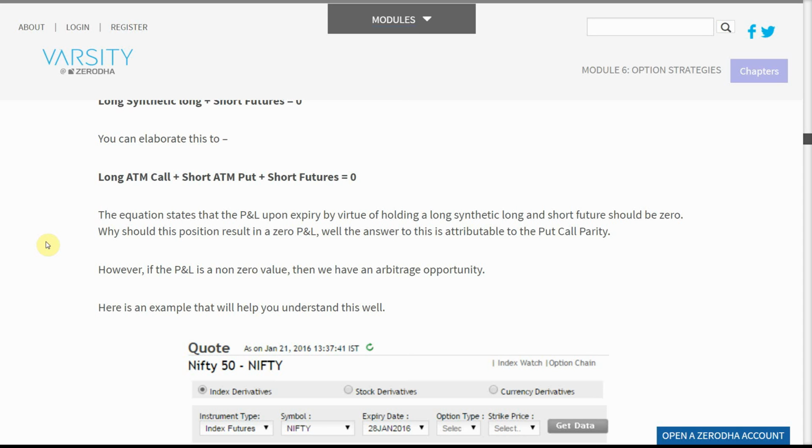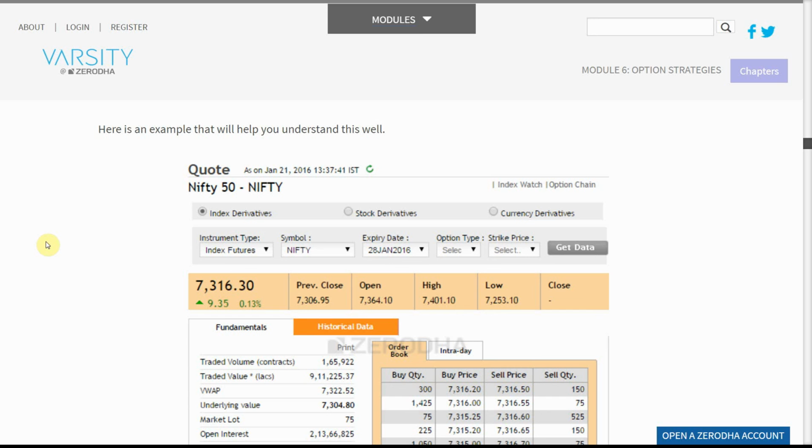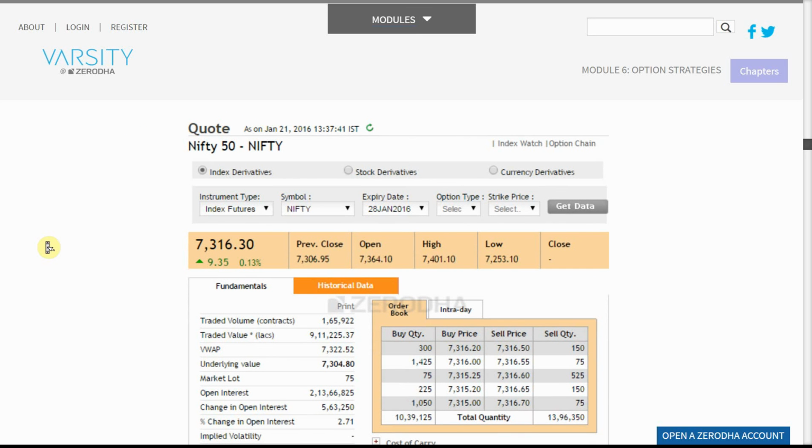However, if the P&L is a non-zero value, then we have an arbitrage opportunity. Here is an example that will help you understand this well. On the 21st of January, Nifty spot was at 7,304, and the Nifty futures was trading at 7,316.